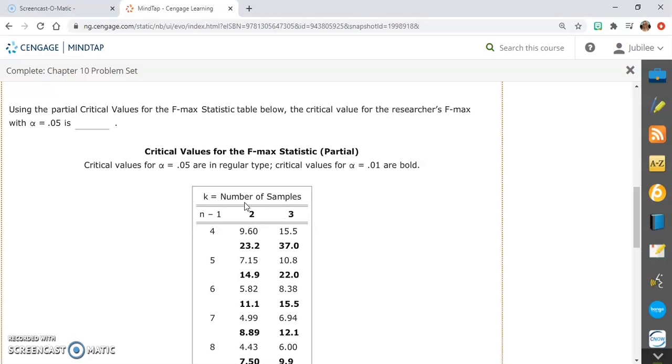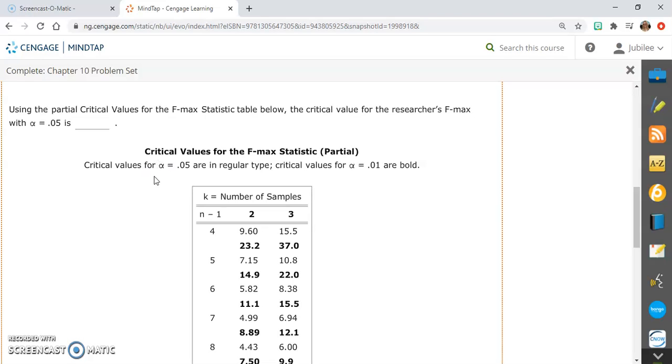So I have 2 samples, so that's K right here, the 2 samples. And I'm using an alpha value of 0.05. So in this table, I have to find my degrees of freedom and my number of samples.